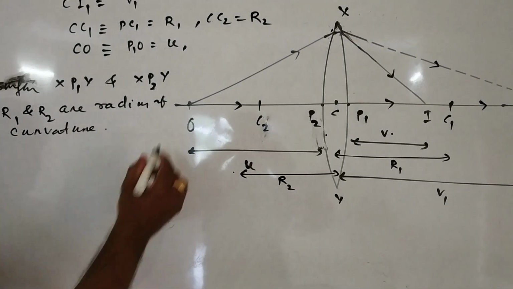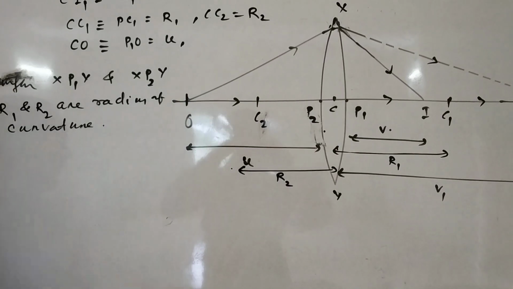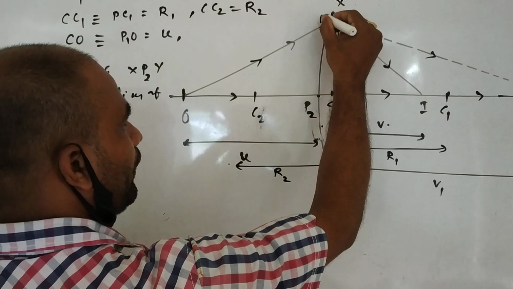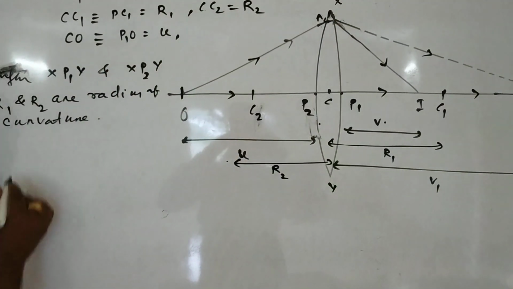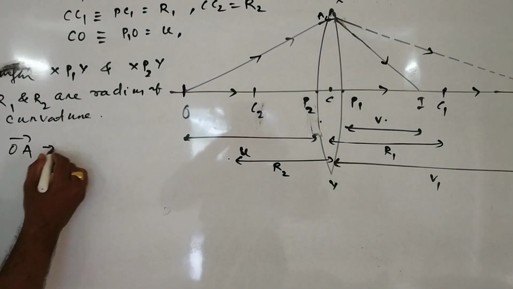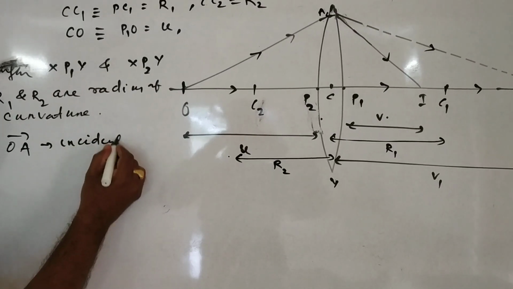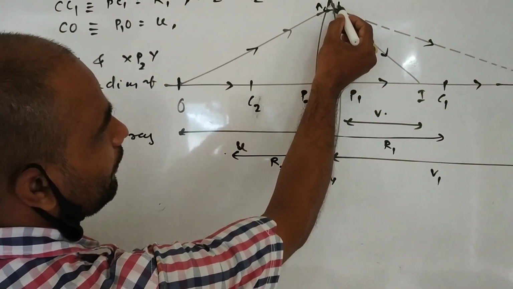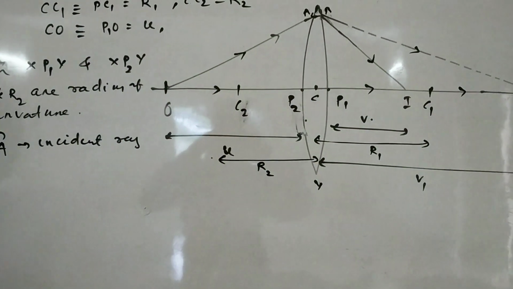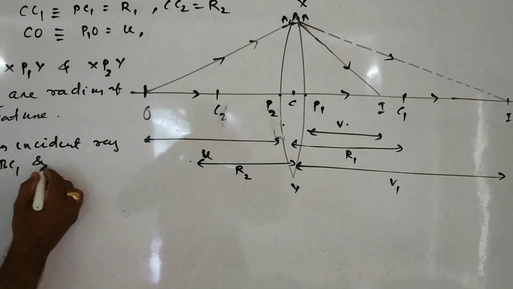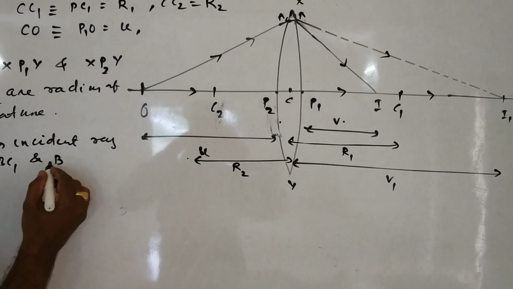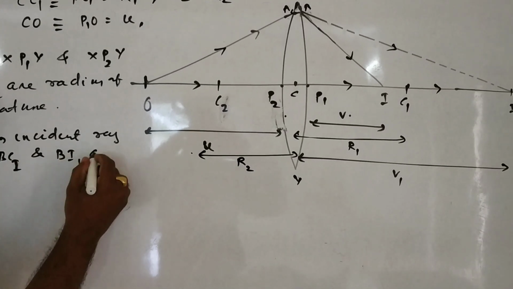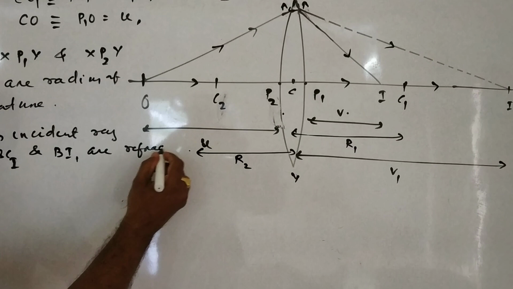Now, let us take O as the object. This is the incident ray. Take the point A, so OA is the incident ray. And this is B, BC1, and BI and BI1 are the refracted rays.